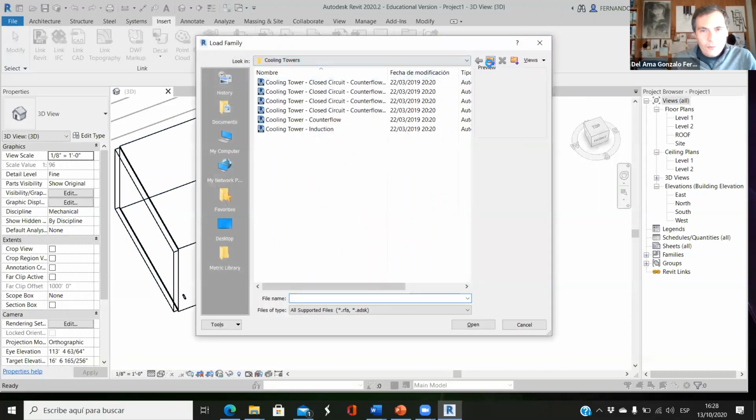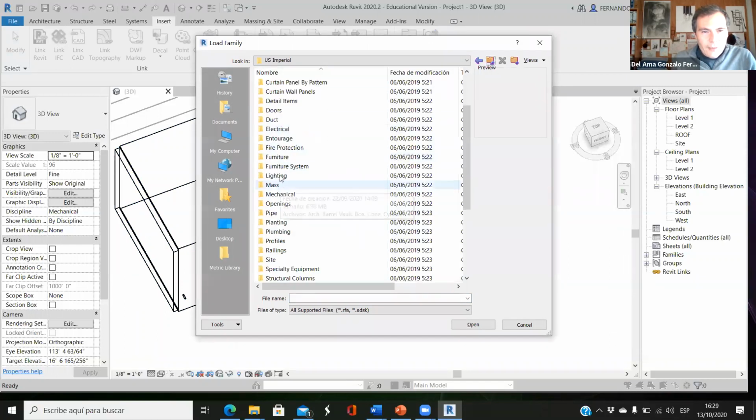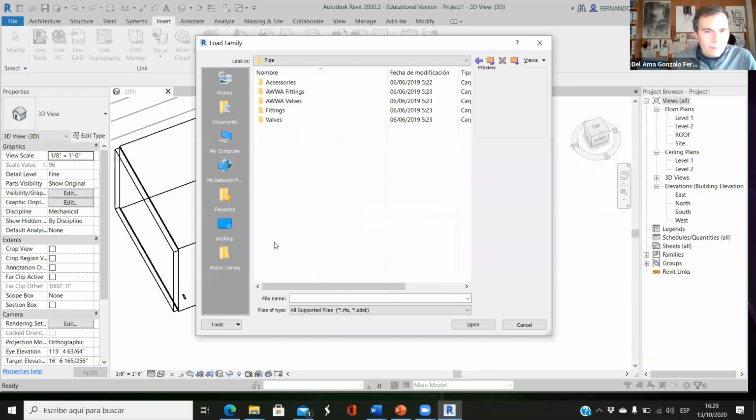So we have to load, now it's not mechanical. We have a folder here with pipes. Okay, so let's do this. We have a lot of things here, fittings, valves. Today we're going to work with fittings. So select fittings and let's work with generic.